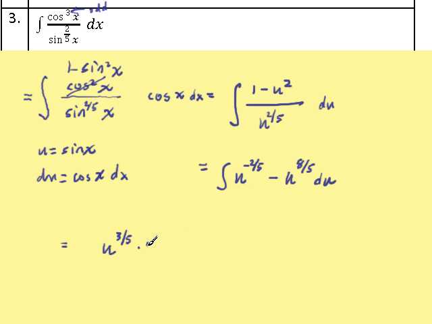Divide by 3/5. u to the 8 over 5 plus 1, plus 5 over 5 is 13 over 5. And divide by 13 over 5. And then just substitute back for u, sine x.